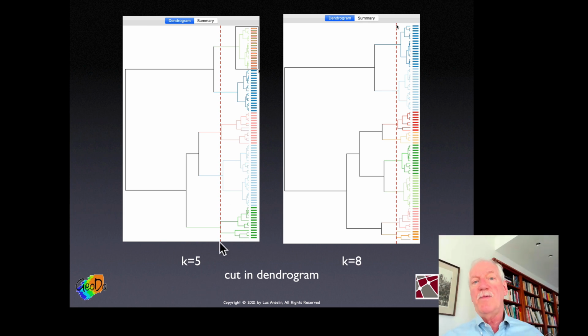So unlike k-means, where we have to pre-specify k, here we can look at the effect of different k's on the clusters by just moving this cut line around. In GeoDa, this is all interactive, and you can see how the clusters change as you change the cut point.